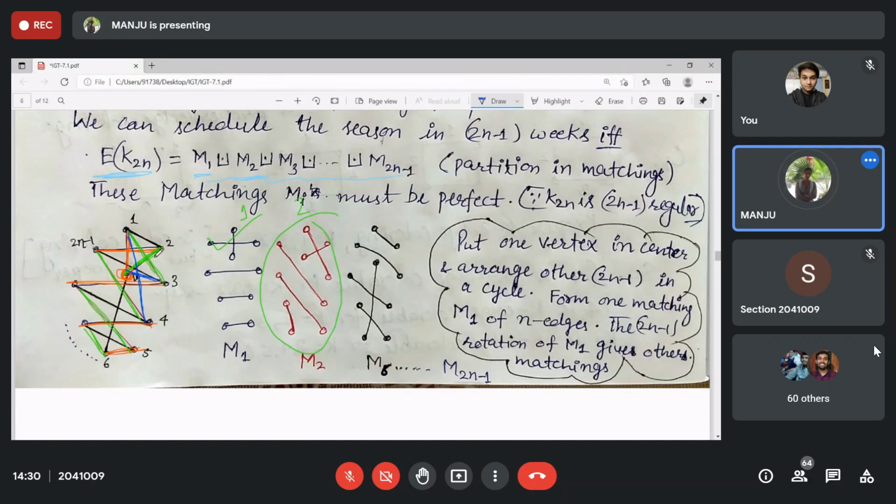Then 2 to 5, and so on, like this. Clear? So 2 to 5 we have. Then 3 to 6 you have. Then 4 to 7. We have already done this.